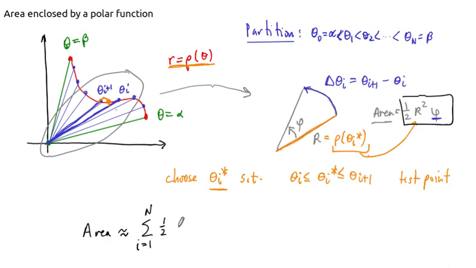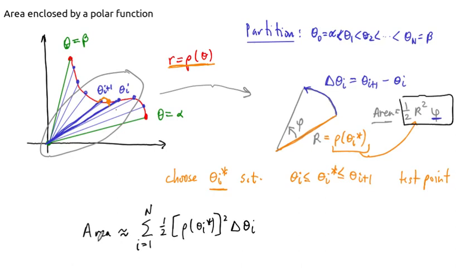So it's going to be 1/2 times rho of theta I star, that's the test point, quantity squared, times the delta theta I. Okay, so what we worked out was the formula for the area of one slice, one sector here. We're going to add up all those sectors and we'll have approximately the area that we're looking for. Again, this is not good enough, right? We want the actual area.